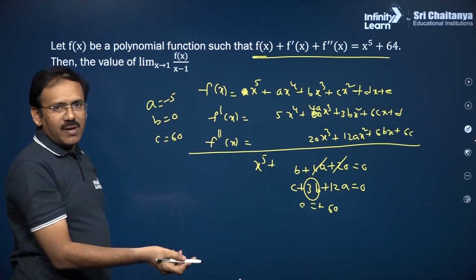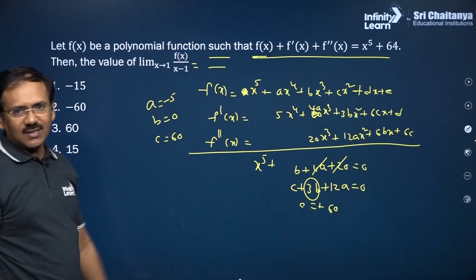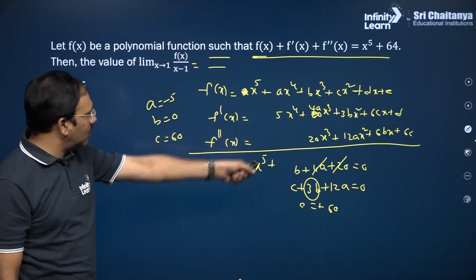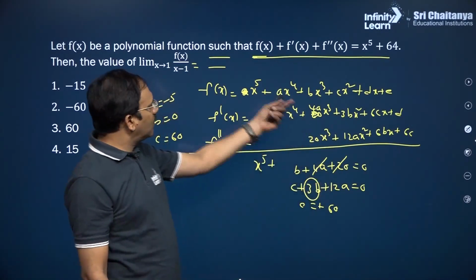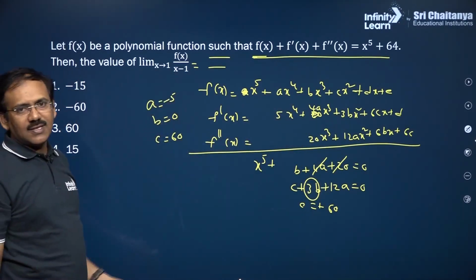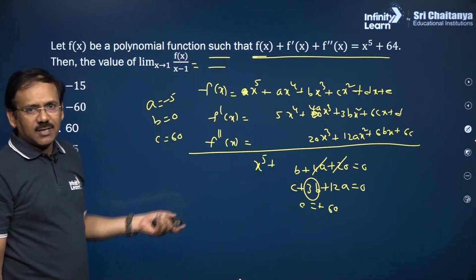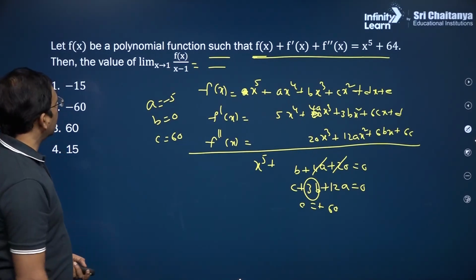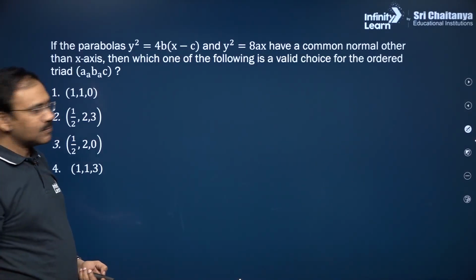Mostly x minus 1 will be a factor of this, so you can just apply L'Hospital's rule and you will get the answer. The way we got B value, C value, you will get D and E also. Now you can just find f of x by x minus 1, so you will get 0 by 0, apply L'Hospital's rule, you will get the limit as f dash 1, f of x by x minus 1.